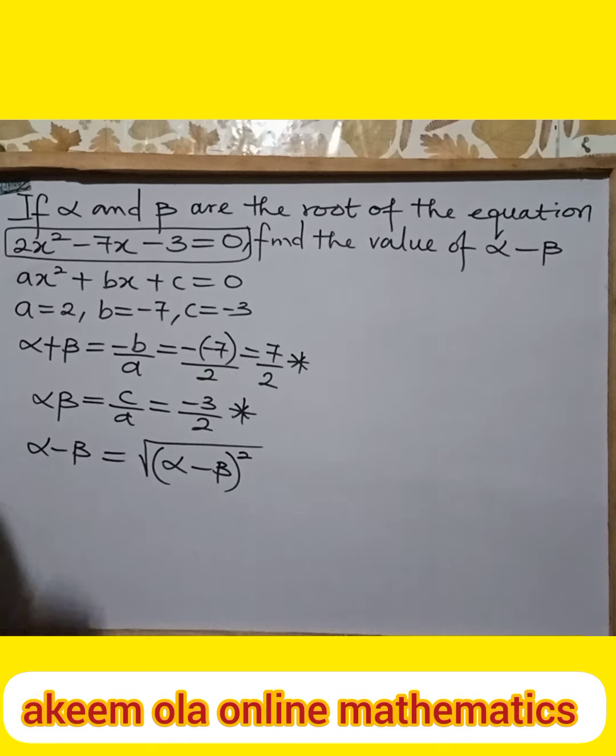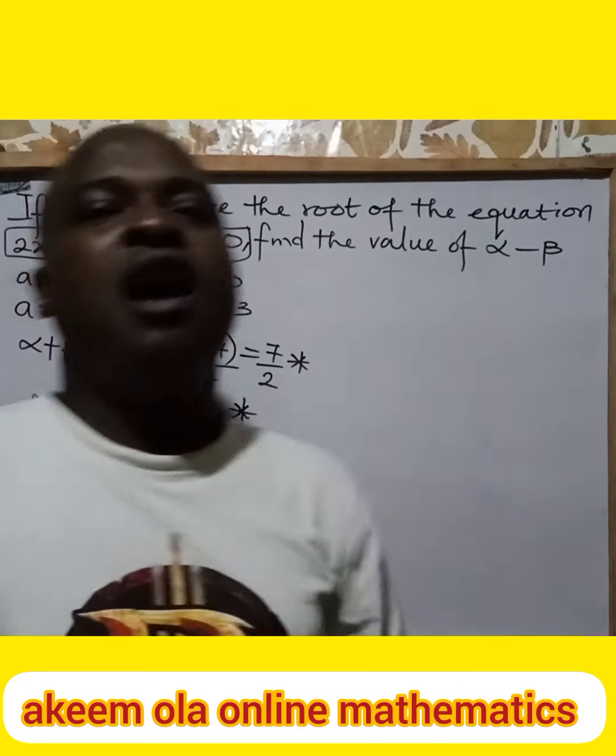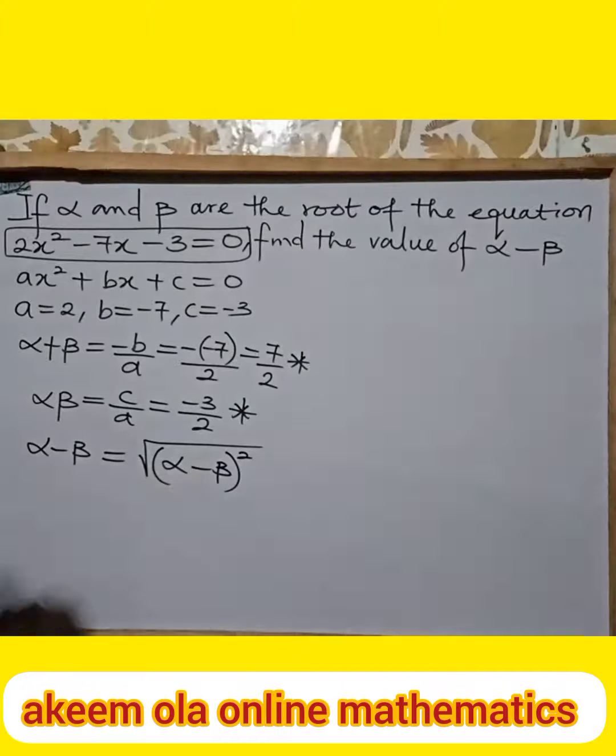Now, from here, I already know that alpha minus beta will always give the square root of alpha minus beta squared. So what do I need to do? I need to simplify this. Alpha minus beta squared, what is it equal to?